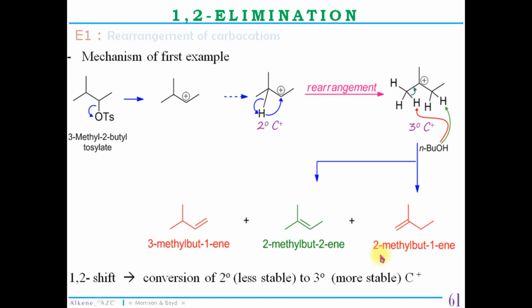Here we get a product 2-methyl butene where the double bond is at the beta-gamma position with respect to the starting material, which results from rearrangement of the carbocation.